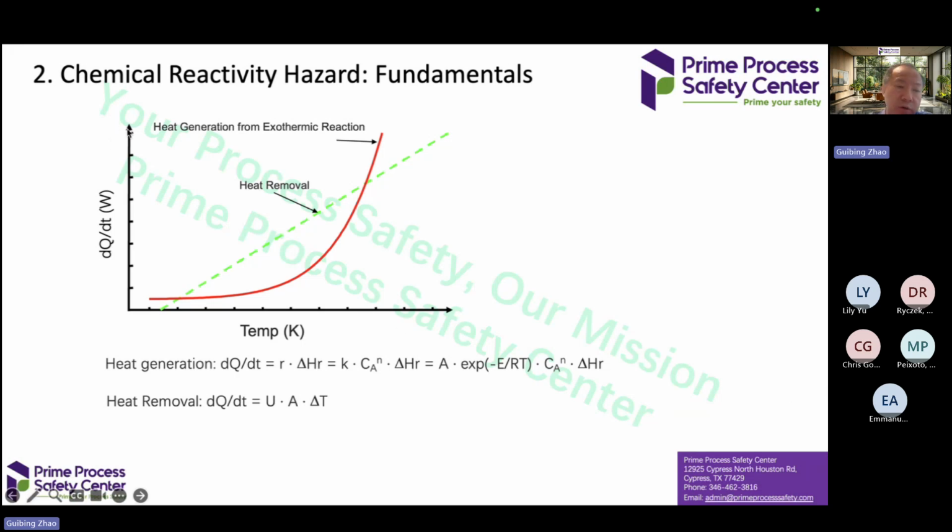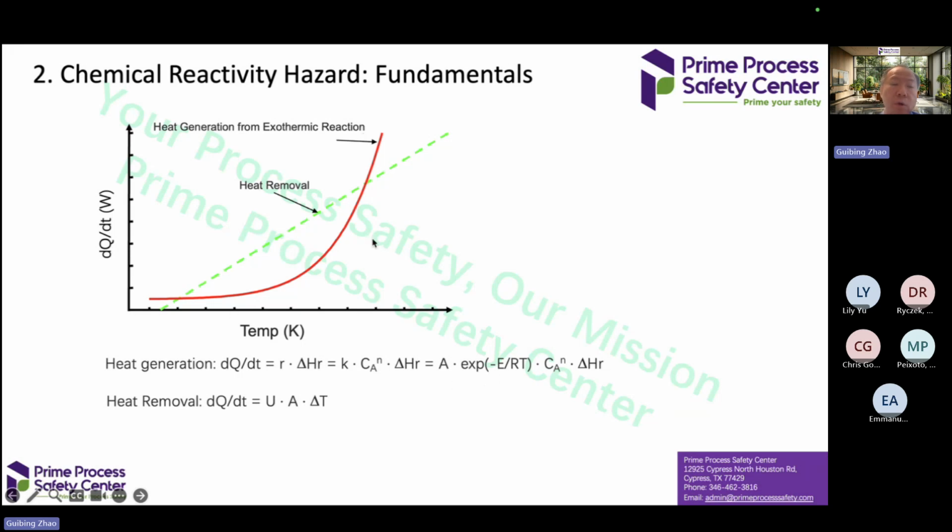The vertical axis is energy release or heat removal, and the horizontal axis is temperature. The red curve represents the heat generation from the exothermic reaction. Probably everybody knows the heat generation rate of a reaction increases with temperature, mostly exponentially. That's why it's curved like this.